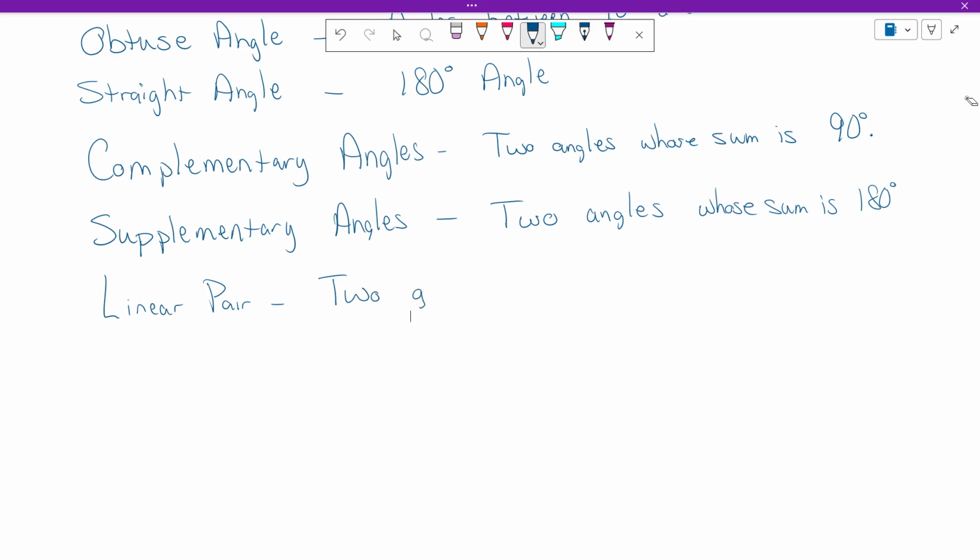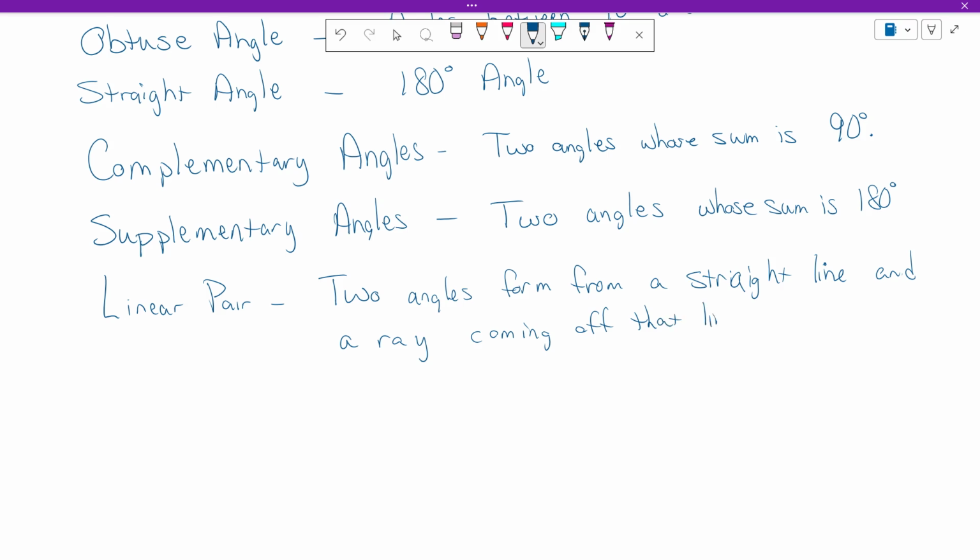Two angles formed from a straight line and a ray coming off that line.